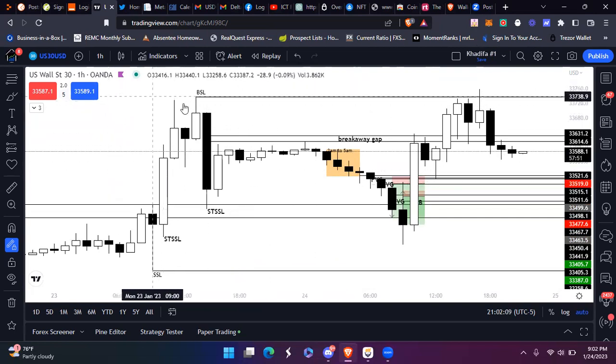I also identify short term sell side liquidity levels because that's where I'm going to be looking to take partials or take profit if the market goes bearish.